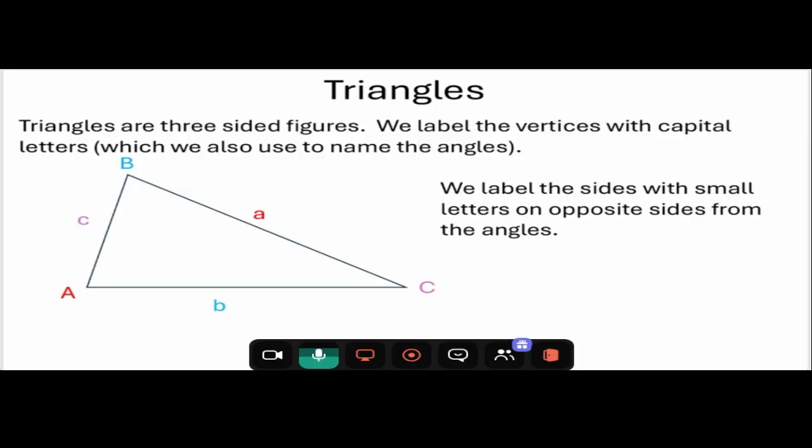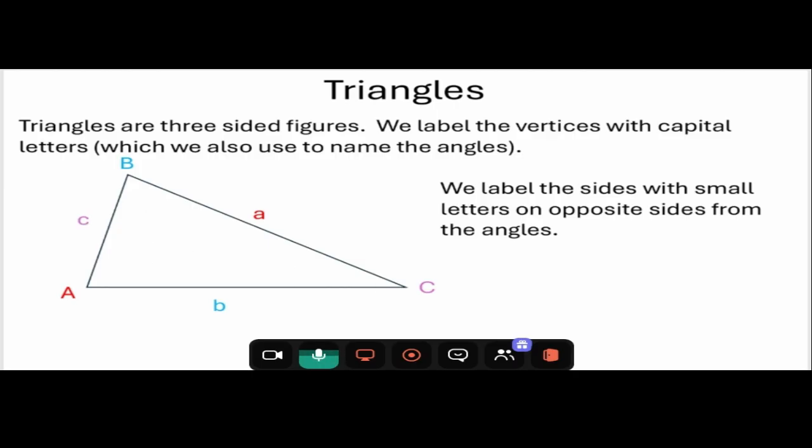And then we use small letters to label the sides. And the math people came up with a nifty little convention which helps us not have to explain or draw a diagram every time or explain which side is which. So take a look how across from angle A is side little a, across from angle B right here is side little b, and across from angle C is side little c.